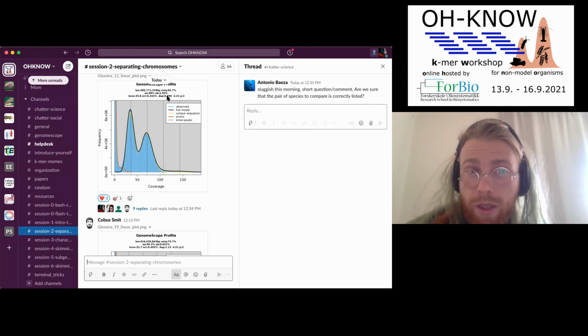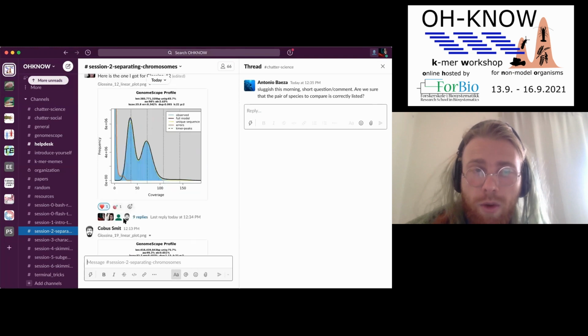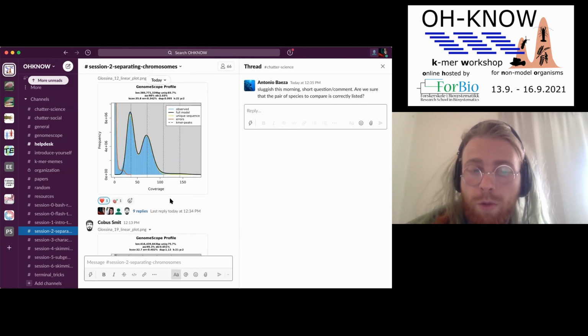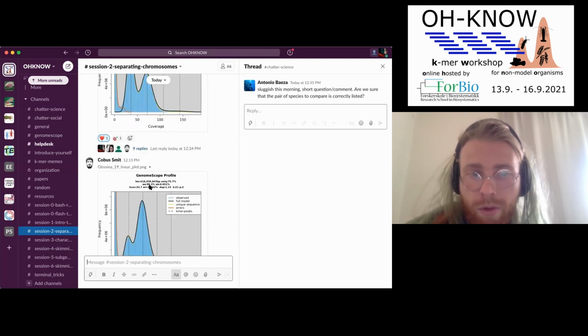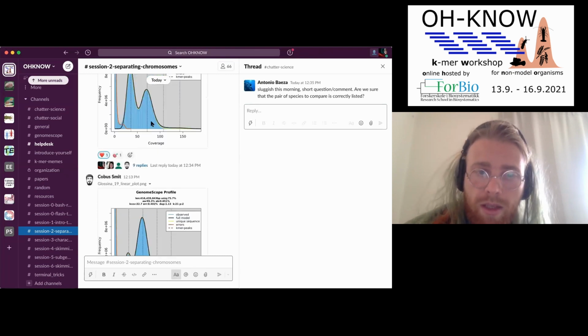It's not impossible, but if we look at the other sample, the heterozygosity is a little lower. So most likely this peak is partially the X chromosome. And the second indication, so we don't have to rely only on the heterozygosity, is the genome size. You see that this has just 385, and this has 416.6 genome size. So I suppose that this is a male and this is a female.